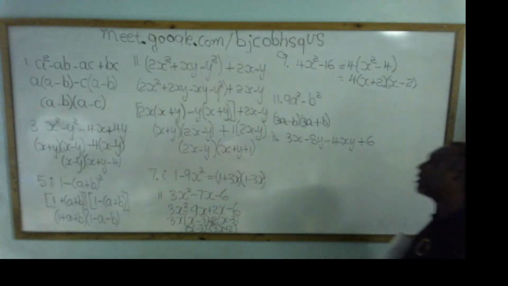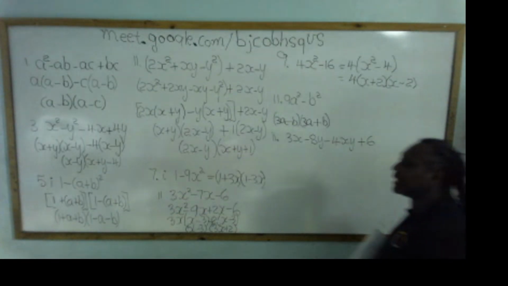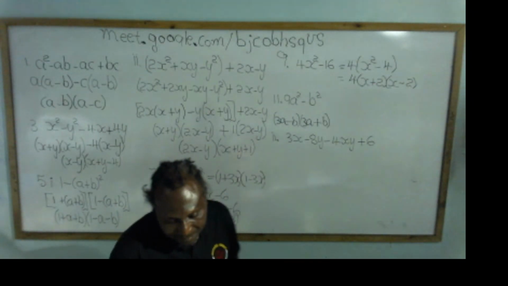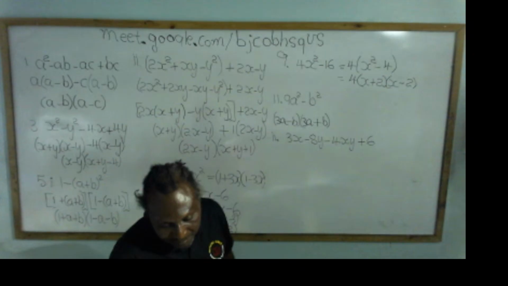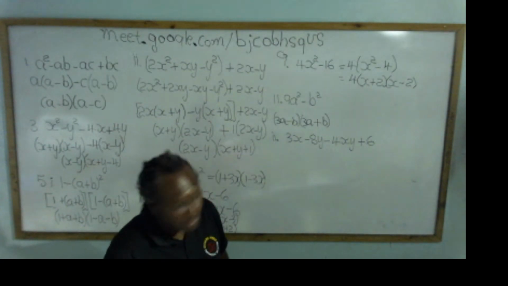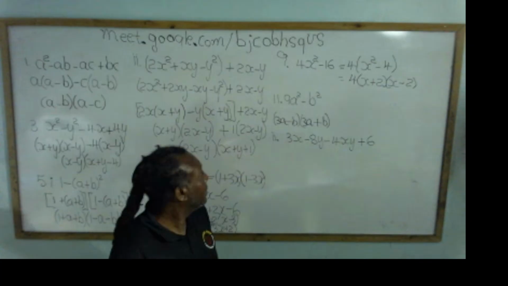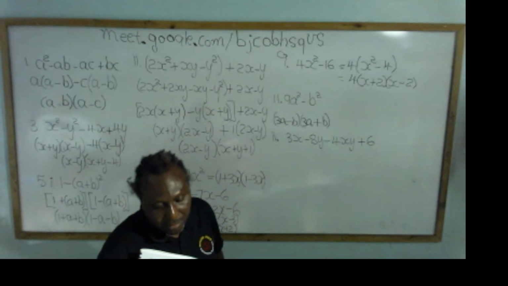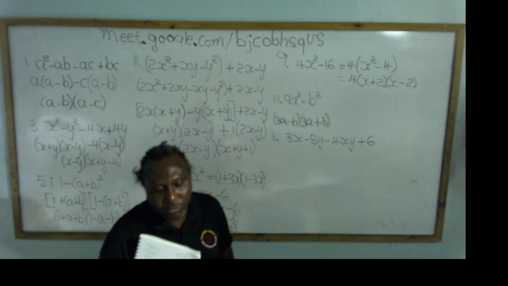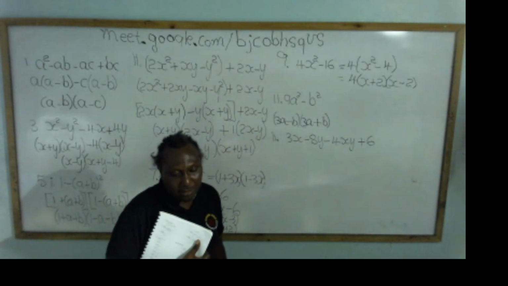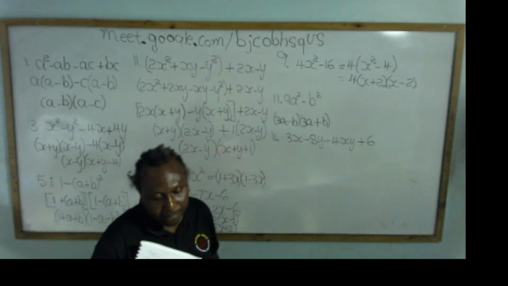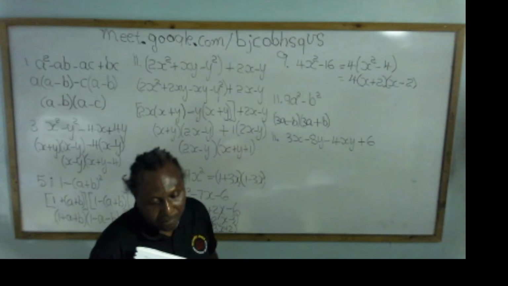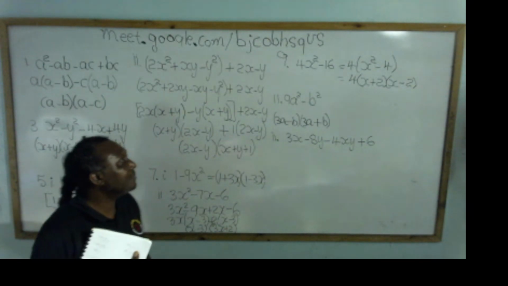Of course, as soon as you look at that, does anyone notice something? 3a minus 1 and 3a plus 1. It's b. It's not 1 squared, it's b squared. What about that one?